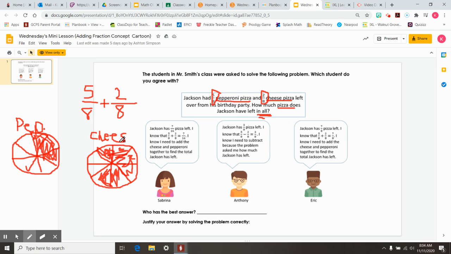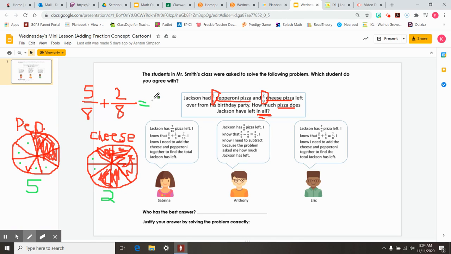Okay, so looking at those, I can also tell still that I need to add if I didn't already get that from my word problem. So if I were to just sit and count my pieces of pizza, I would have, let me change my color here, I would have 1, 2, 3, 4, 5 from my pepperoni, 6, 7 because I have 2 left over from my cheese pizza.